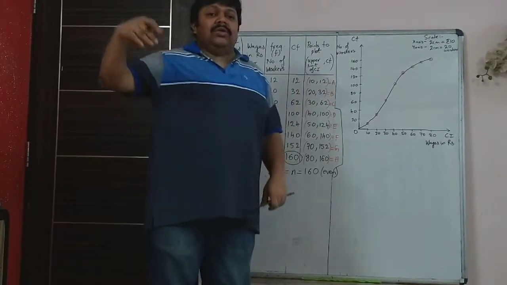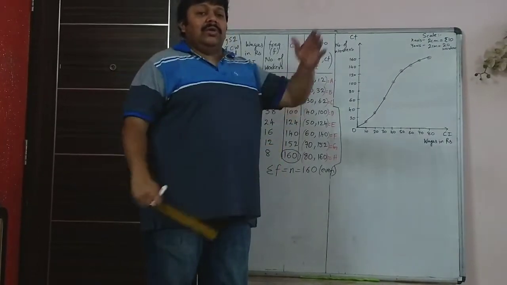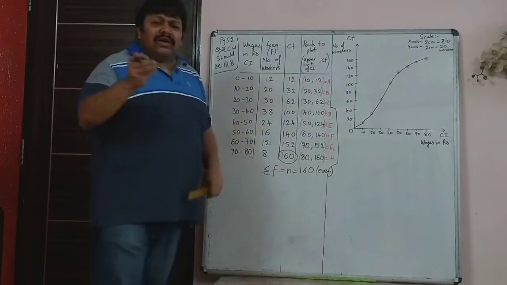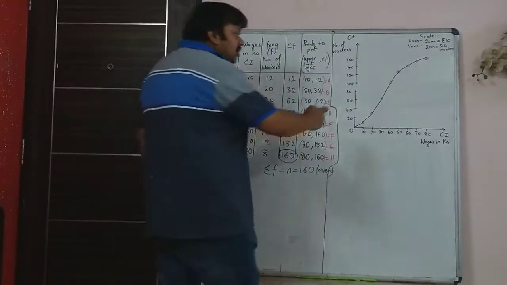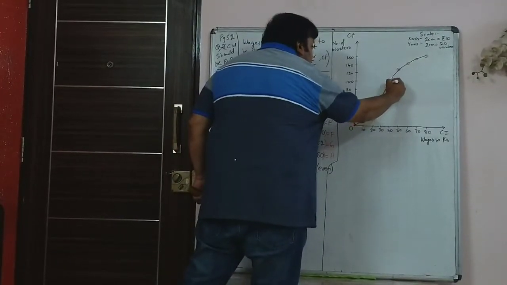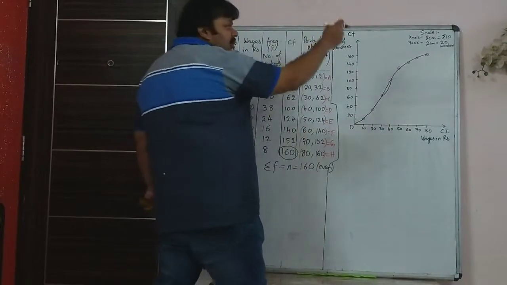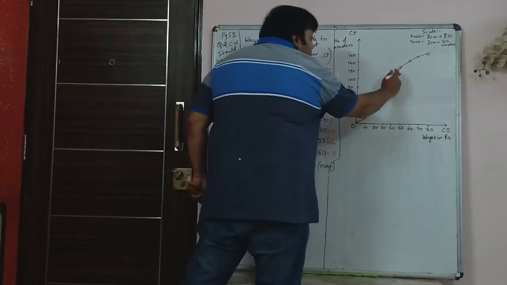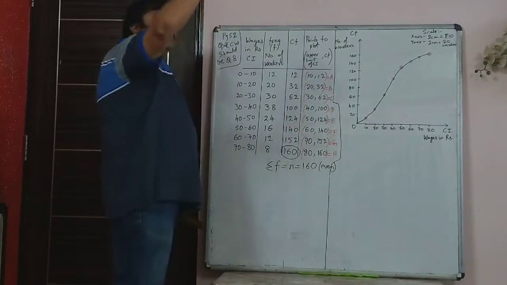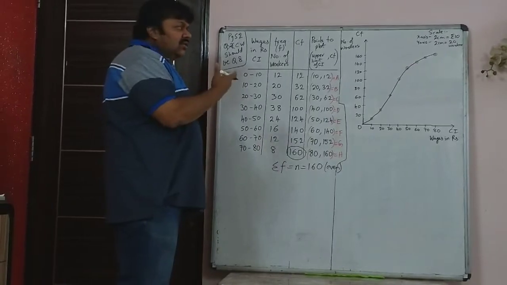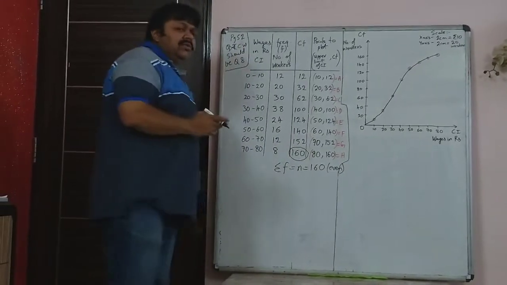It won't be that someone gets the answer as 50 and someone else gets 20. That is not possible. It may vary very slightly. Make sure the curve doesn't go down like this. It should be a smooth ascending curve. You will get it with practice. Once you draw 2-3 graphs and do 2-3 sums in homework, it will be very simple.